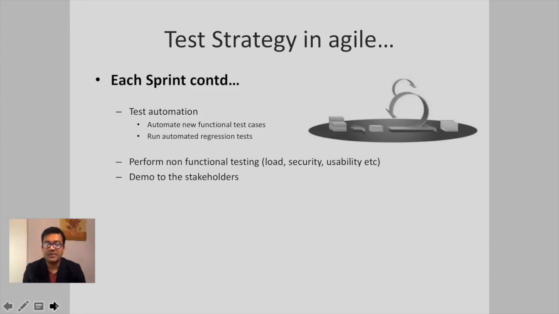Then we come to each sprint continue. As you can see in this diagram, we have sprint over sprint, and this is the way Agile works. Every time we have a development schedule, in that schedule the highest priority or most critical items are developed.